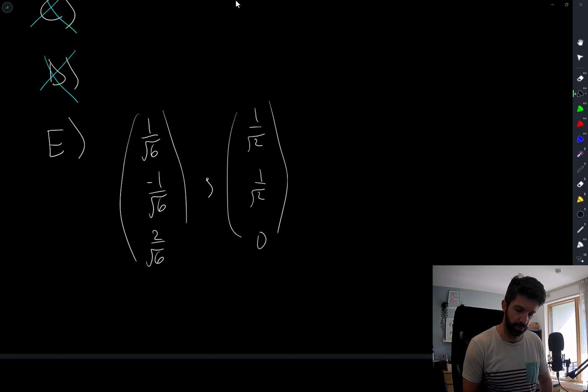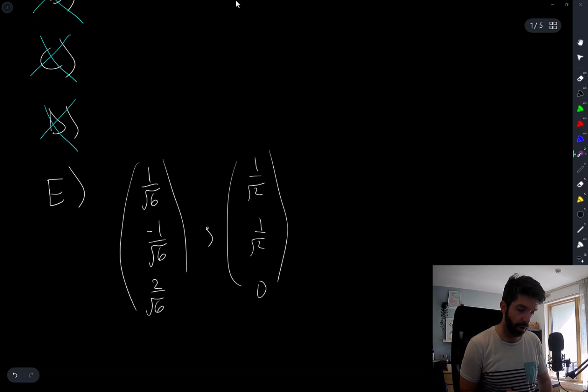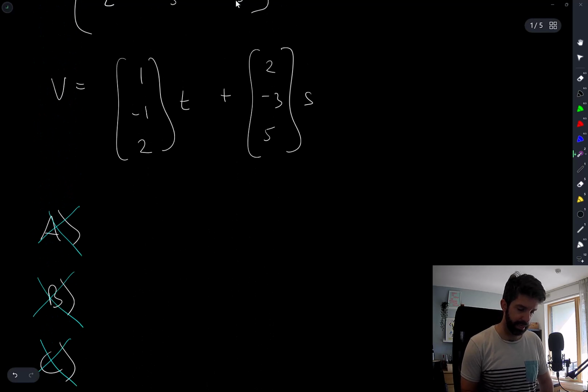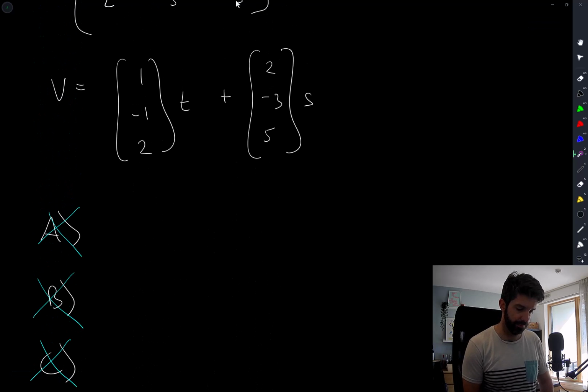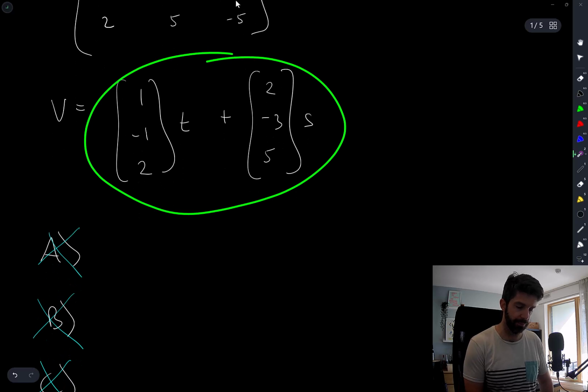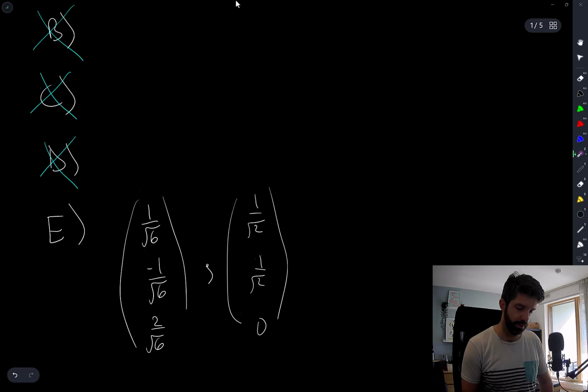These vectors are clearly orthogonal; you take a dot product and get 0. You can check easily that they both have magnitude 1. I guess we would technically need to check that the span of those two vectors is the same as the span of these vectors here.